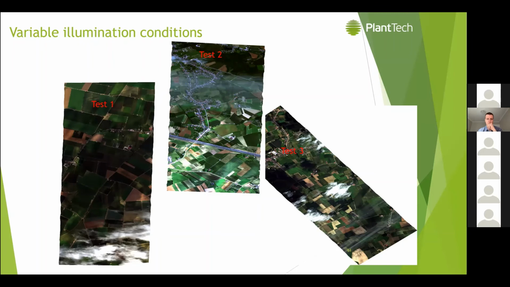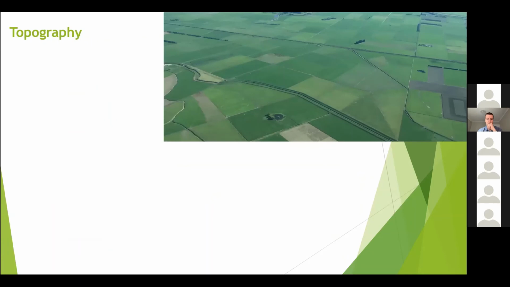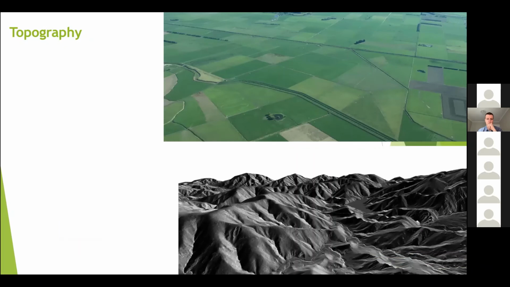We need to optimize to get a uniform reflectance across the farm. How are we going to address it? And also topography. In New Zealand, the topography is highly elevated. As you see on the screen, this is the typical shape of the hill country. Most atmospheric corrections are designed for flat terrain, but in our case the topography is completely elevated.